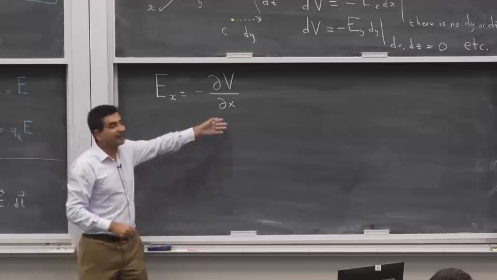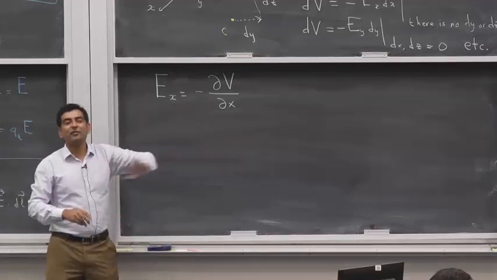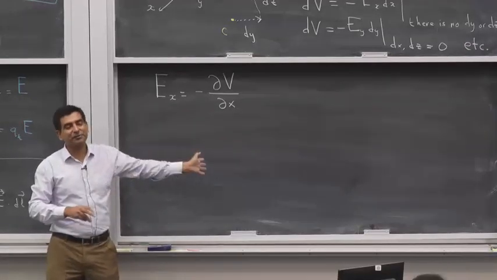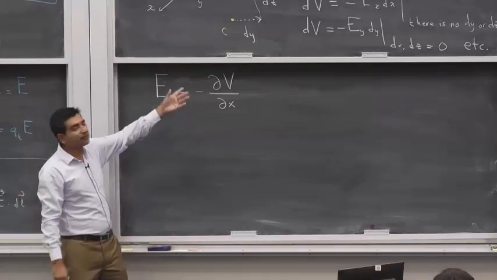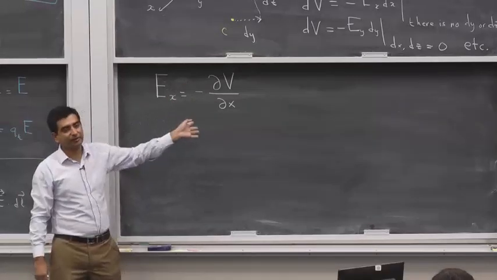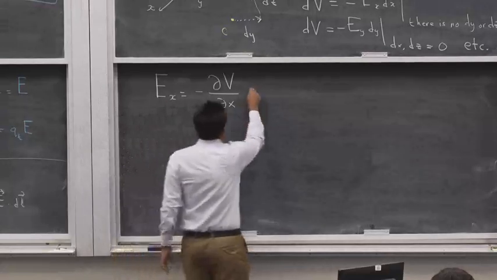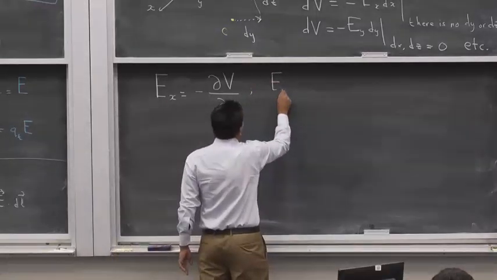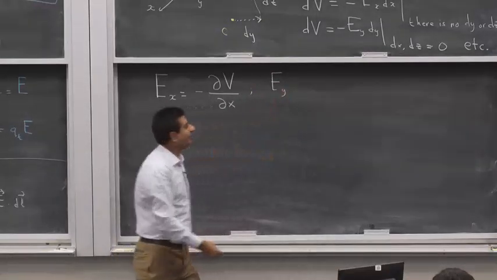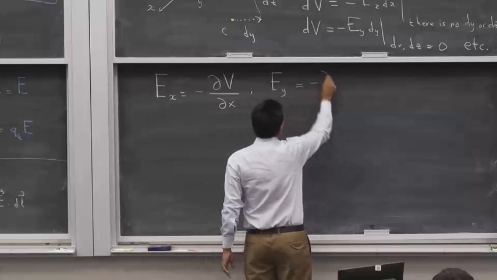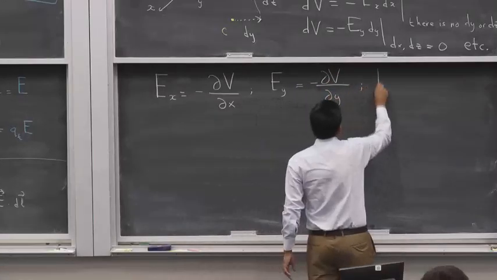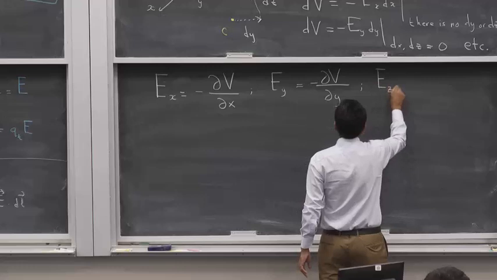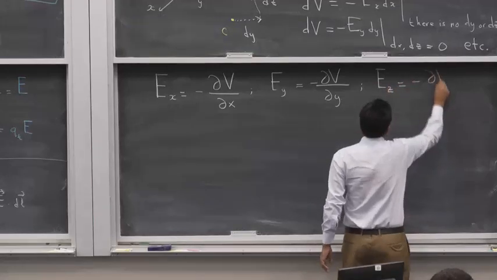And this means that there is no motion along the y or the z axis. I'll give you examples to clarify this. So this is popping out from the mathematics that we've seen so far. Likewise, I have Ey, the electric field's y component, equals minus partial V over partial y. The electric field's z component is minus partial V over partial z.